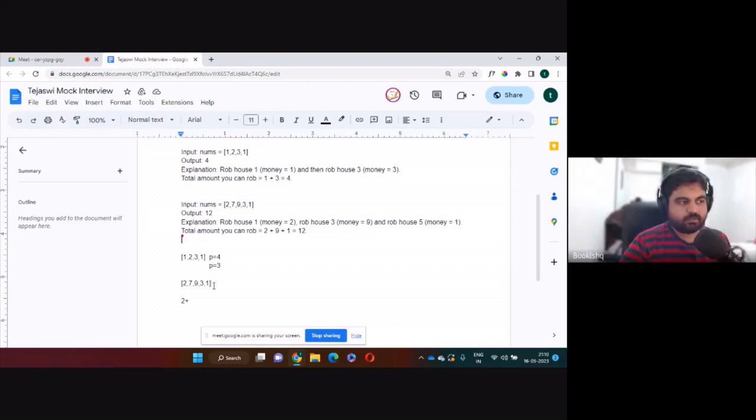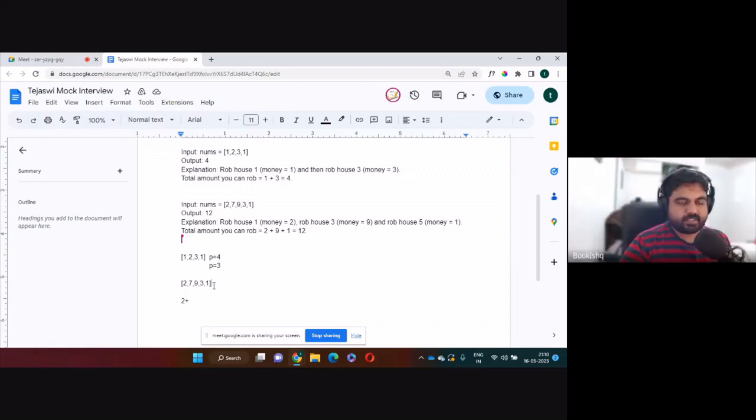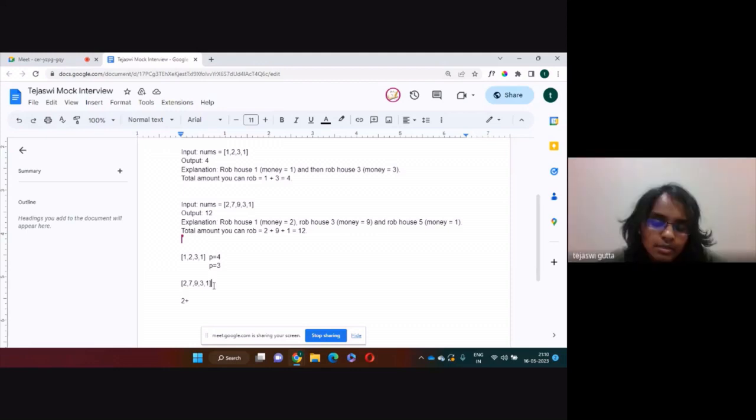Do you think that would be the solution, or does anything else come to your mind as well? I think there will be some loophole with adding the profits that are at even indexes and then adding the profits that are at odd indexes.